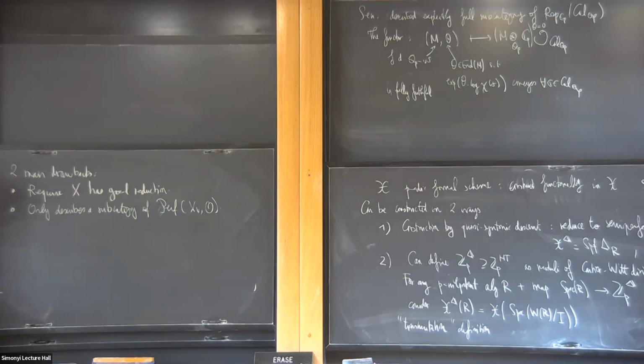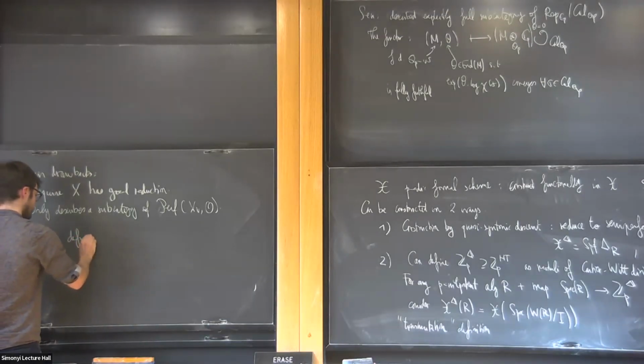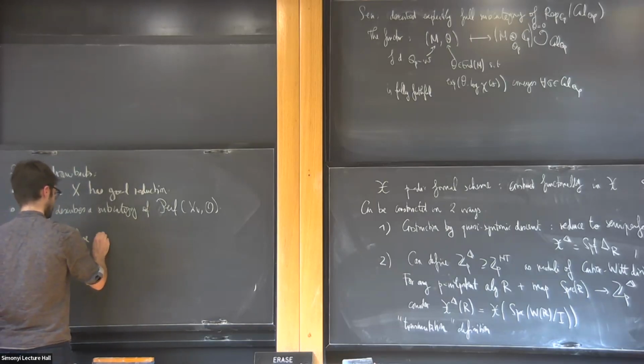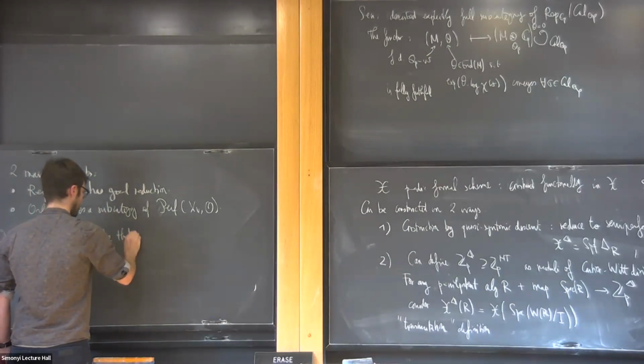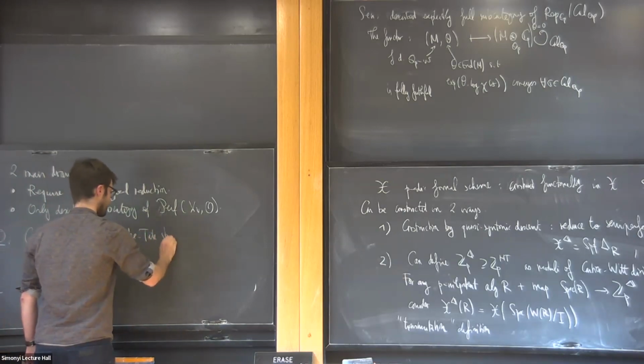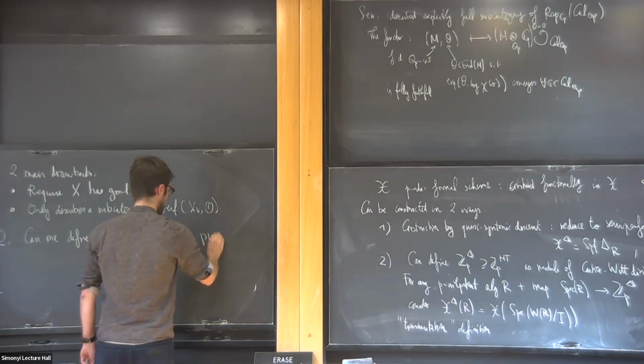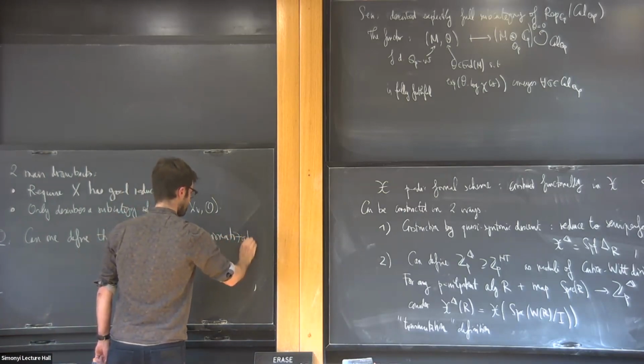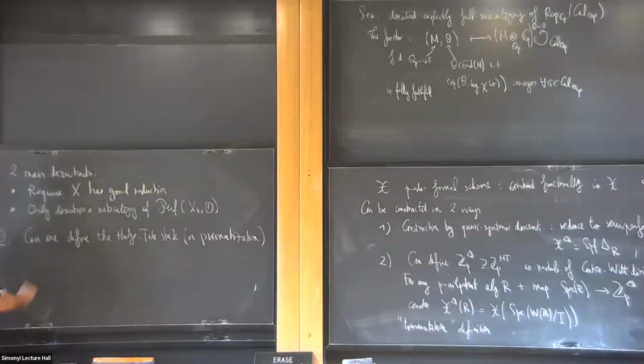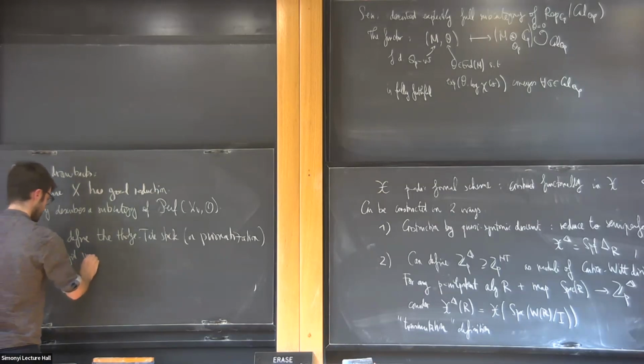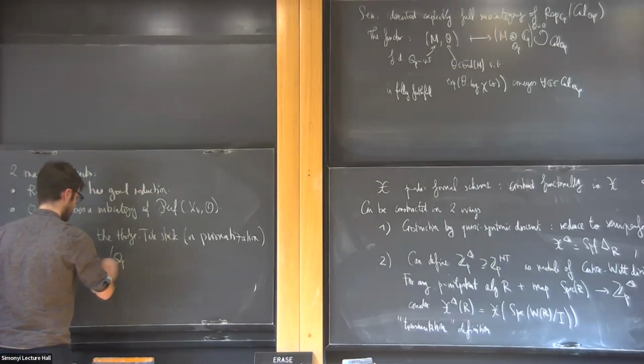So this leads to the second part of my talk, and the main question is to try to adapt this strategy to a more general context. Is it possible? Can one define the Hodge-Tate stack, or more generally the prismatization, directly for the rigid space itself, or any rigid space over Q_p, without passing through formal models?